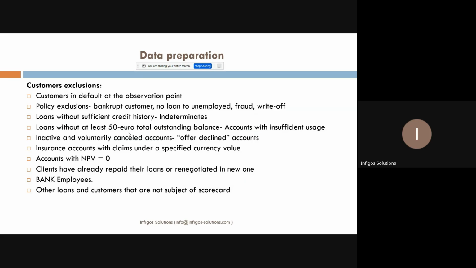Loans without this much balance, insufficient usage, are also excluded. Inactive and voluntarily cancelled accounts are again excluded. Insurance accounts with a claim under a specific currency value are also excluded. Bank employees are also excluded from the scorecard because they know something in and out.